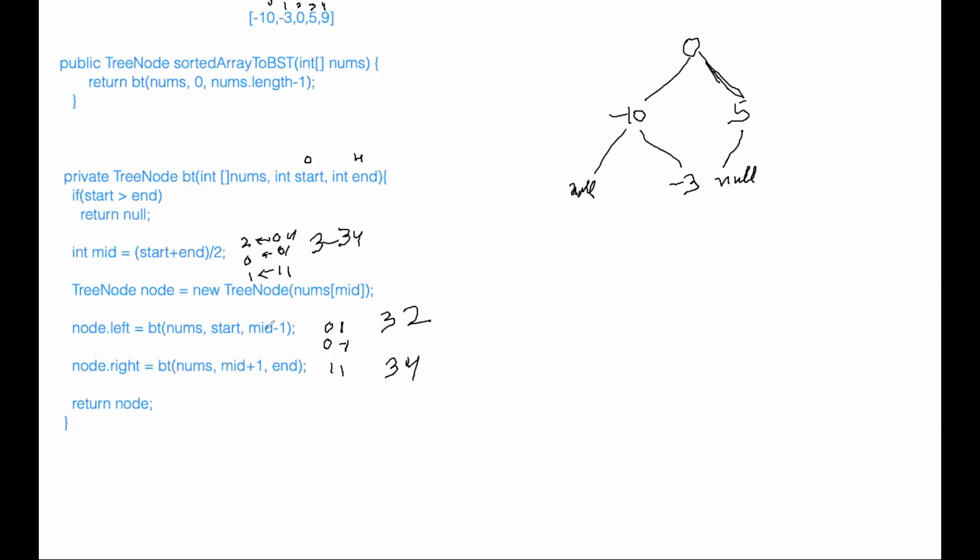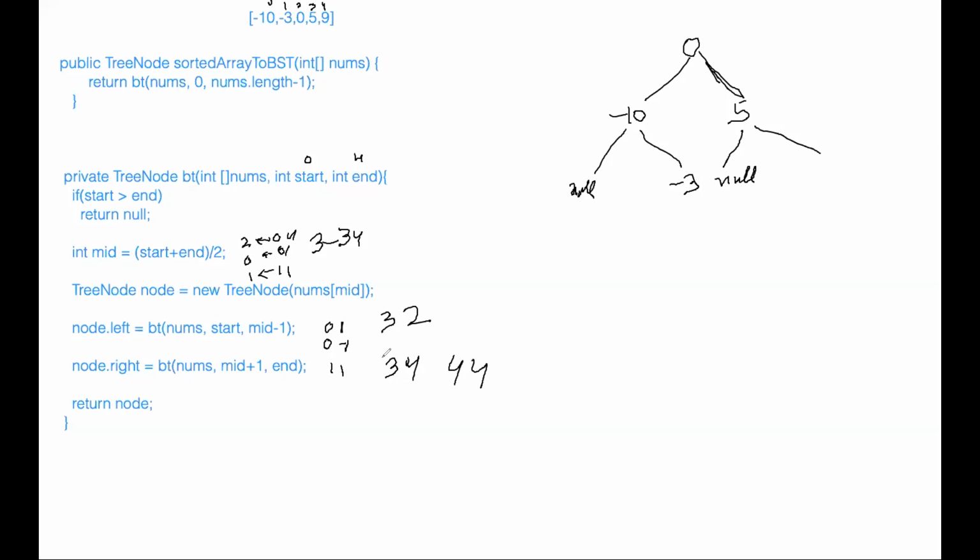So in the last iteration, we will calculate the right part of this. So mid plus 1. The last mid calculated was 3, so mid plus 1 is 4. And what was our end? End was 4 in that recursion call. So it becomes 4.